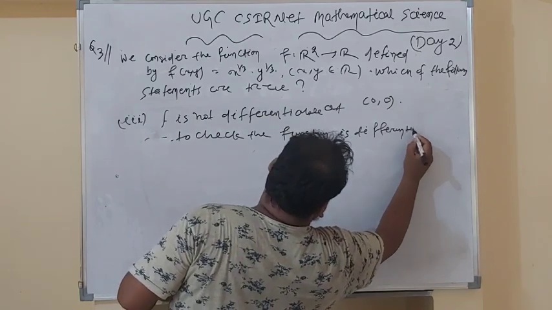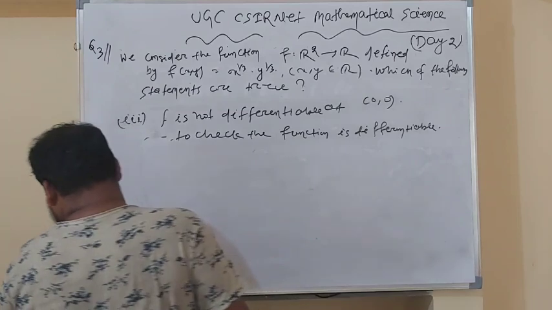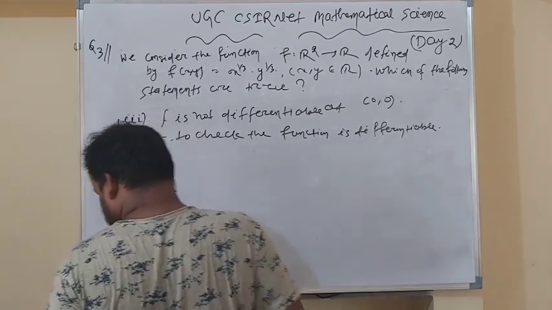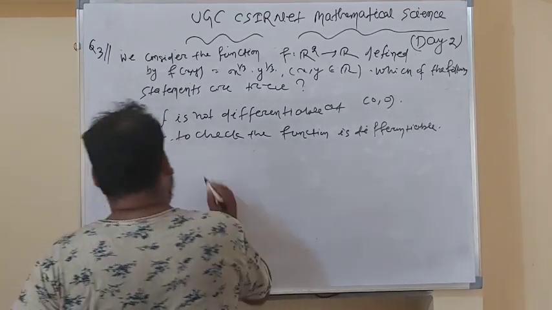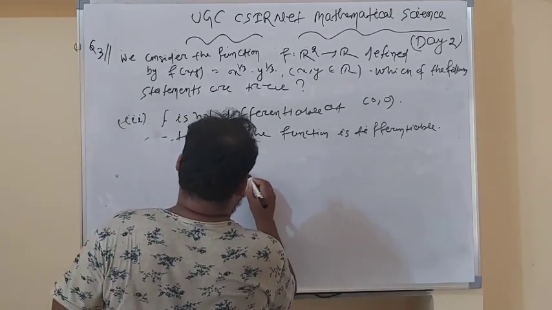Which formula is applied? To check that the function is differentiable, the formula is the limit as (h,k) tends to (0,0).